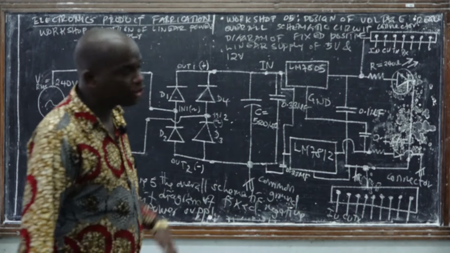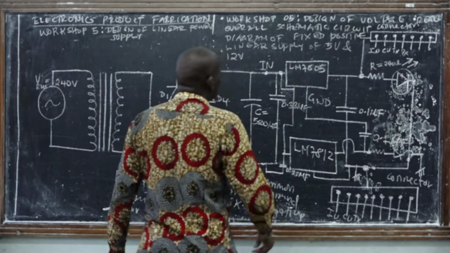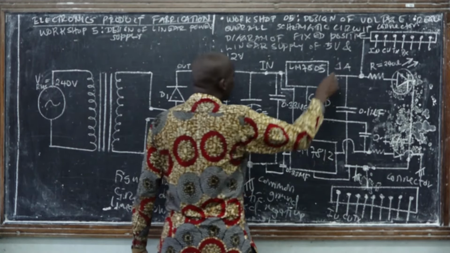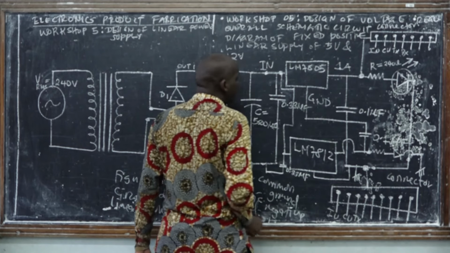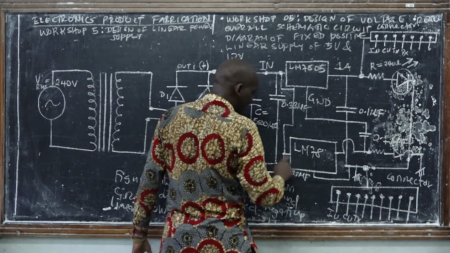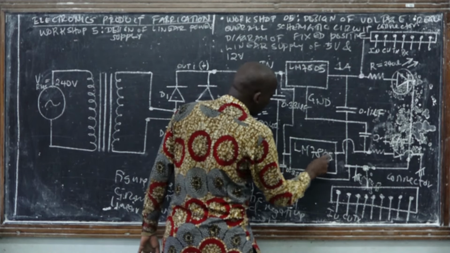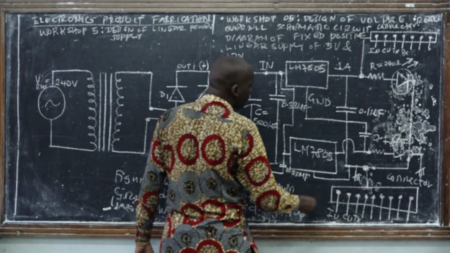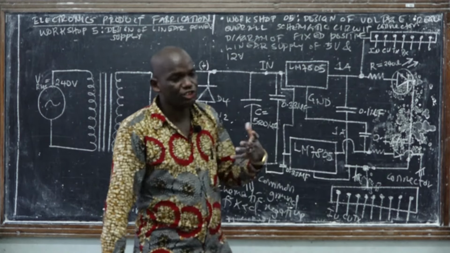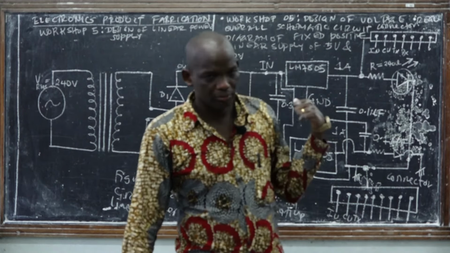This is in case you have designed an electronic system that needs different voltages to operate. But also, as I told you, this one provides, let's say, 1 ampere, but you have a circuit whose total operating current is 2 ampere. You might also have another voltage regulator here, LM7805, and this one will provide another 1 ampere. So if you have a system that needs 2 ampere, now you've solved the problem.